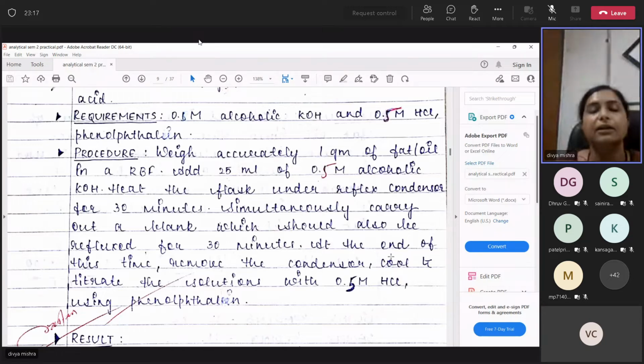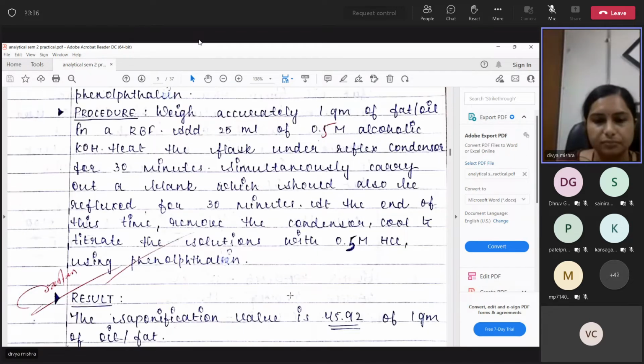At the end of this, we will remove both from the condenser, cool them, and then titrate the solutions with the standard acid, that is 0.5 molar HCl. For this type of titration, we use phenolphthalein as an indicator.